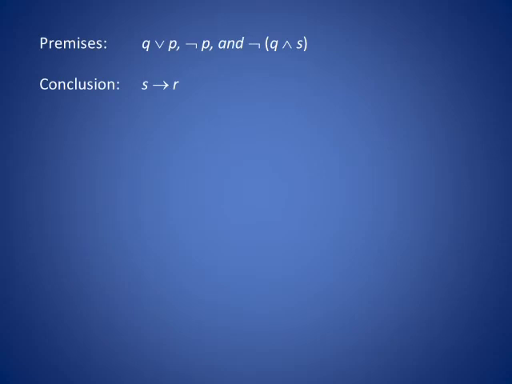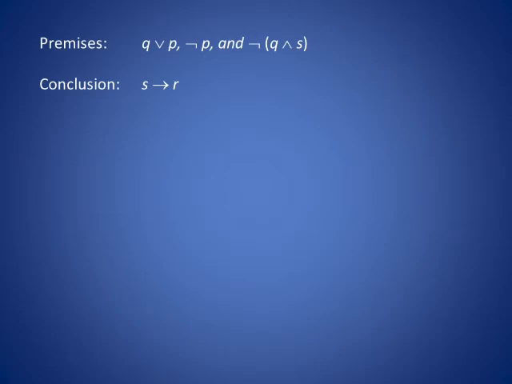If we are assuming the conditional premise S also, then Q and S must be true. However, the third premise says Q and S is false. Those will be our contradictory premises, and from them we will be able to conclude anything we want. In particular, we will be able to conclude R. This is the basis for our proof.